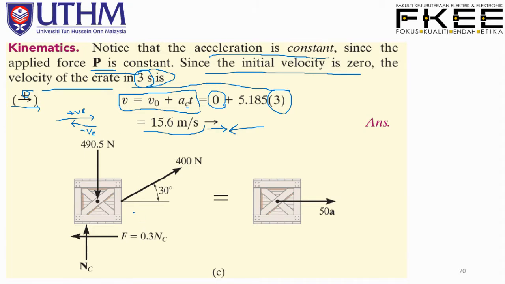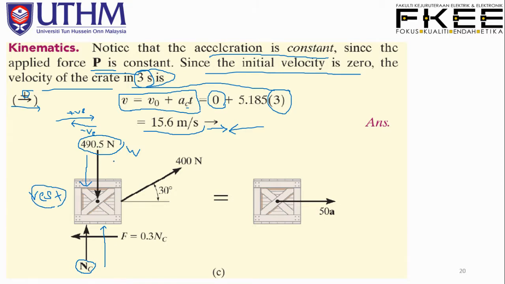So this is what we have analyzed. We have the weight of the crate, which is 490.5. Opposing the weight is NC, the force to withstand the force caused by weight, to cause the crate to rest or stand still.